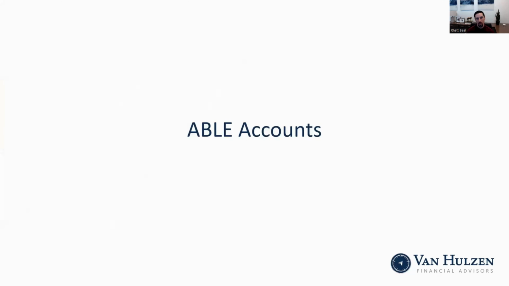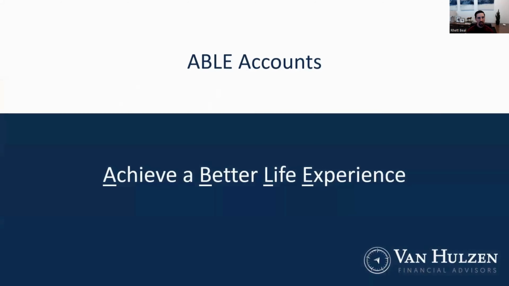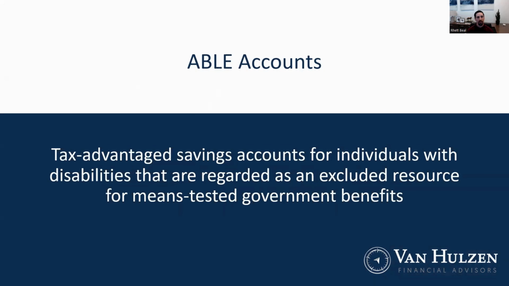And so we welcome in the ABLE program, which is a very intentional acronym that stands for Achieve a Better Life Experience, right? Achieve a better life experience through a tax advantage savings account for individuals with disabilities that are regarded as excluded resources for means-tested government benefits, right?